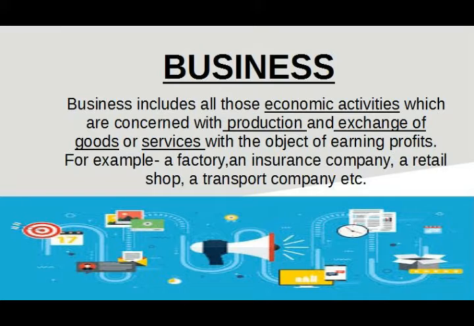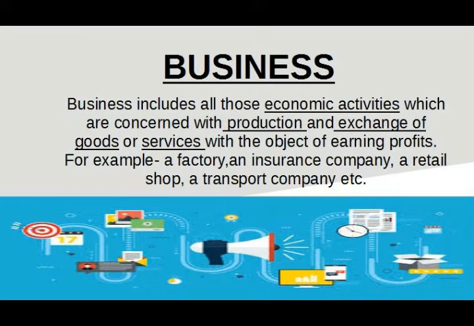Now, business creates various types of utilities by making goods and services more valuable and useful to consumers. When raw materials are converted into finished products, it creates form utility. Place utility is created by transporting goods from the place of production to the place of consumption.